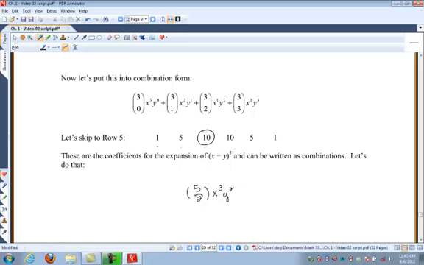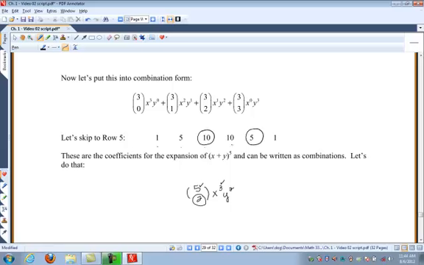I knew the y squared from here, and I knew this had to be a 3 because these exponents have to add back to 5. See how that works?